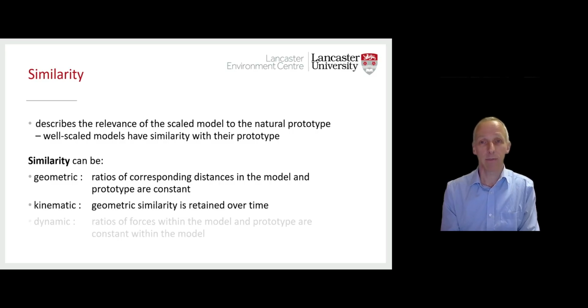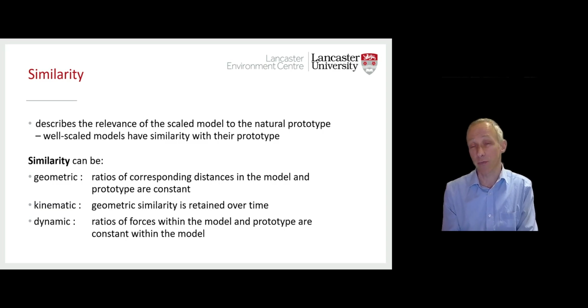Finally, if we have geometric and kinematic similarity, then we should also consider dynamic similarity. Dynamic similarity considers the ratio of different types of forces for both the model and for the prototype. So for dynamic similarity, these ratios of forces within the model should be similar to their equivalent ratios of forces in the prototype.